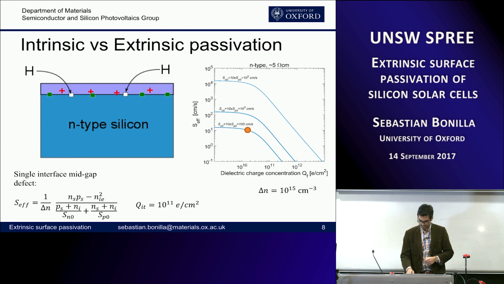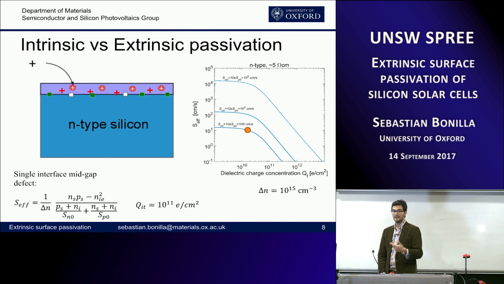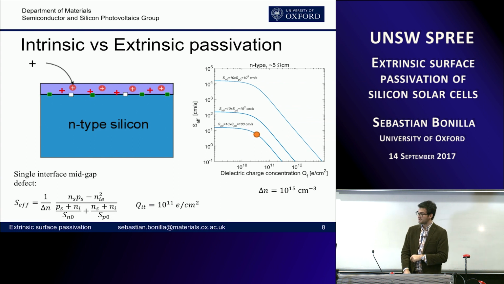But then the other thing that we can do is produce a concentration of positive charge in that dielectric externally. After the dielectric coating is already there, we deposit some positive charge, and what that does is it further reduces the recombination rate that we have.